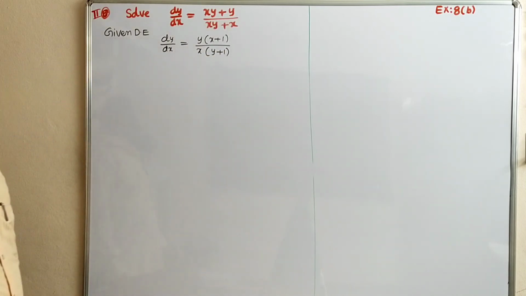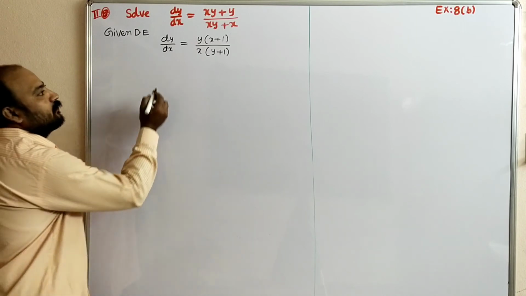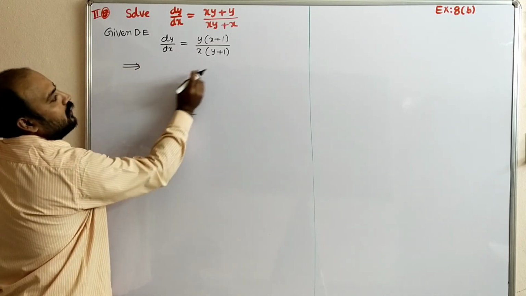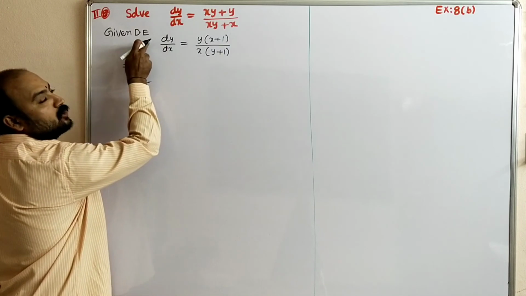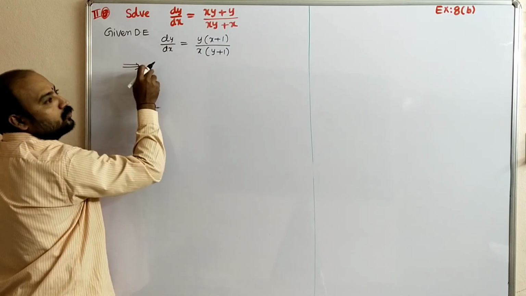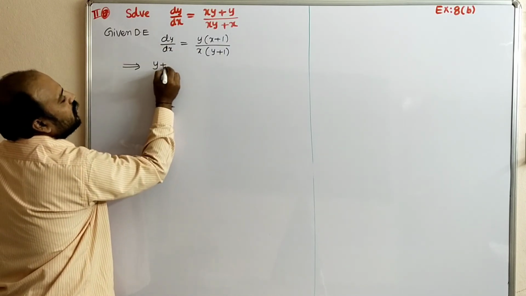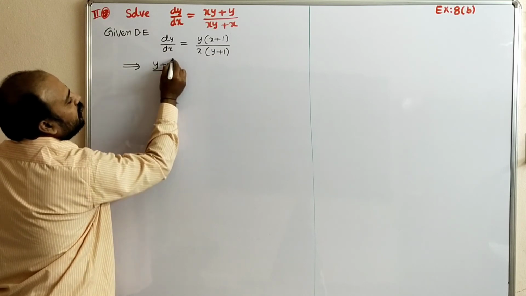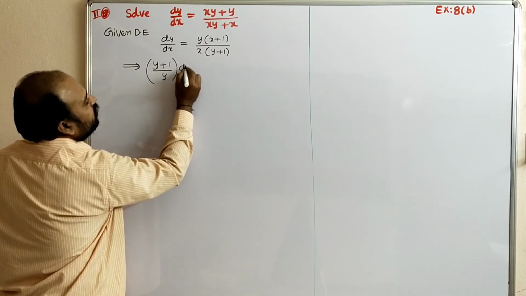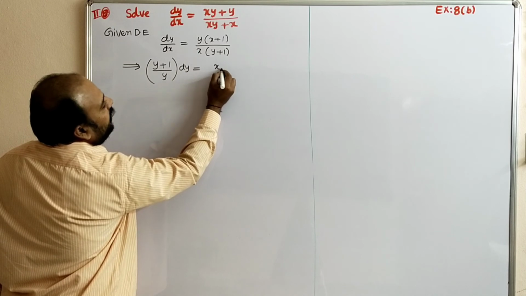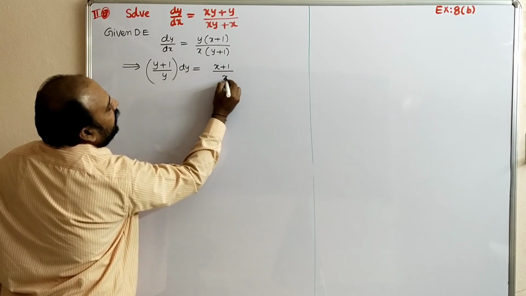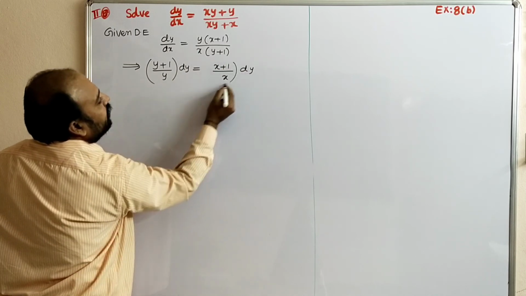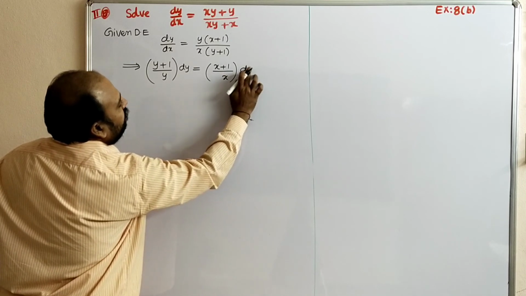Now separate the variables y and x. Here (y plus 1) I am taking to the LHS and y also. So (y plus 1) divided by y into dy is equal to (x plus 1) divided by x into dx.